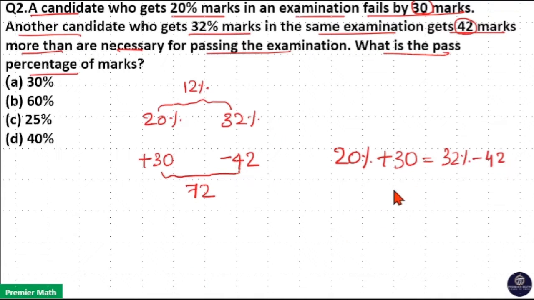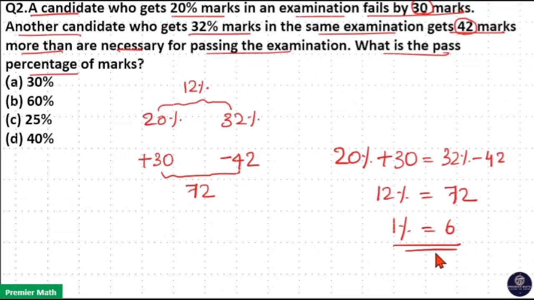So here 12% is equal to 72. Now 1% is equal to 6, as 12 goes 6 times in 72.